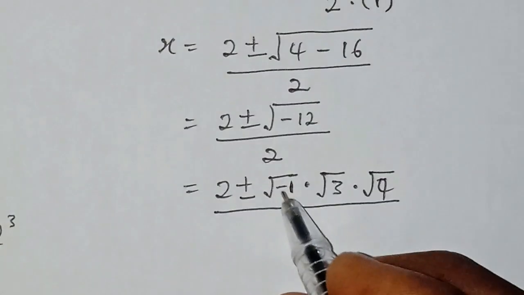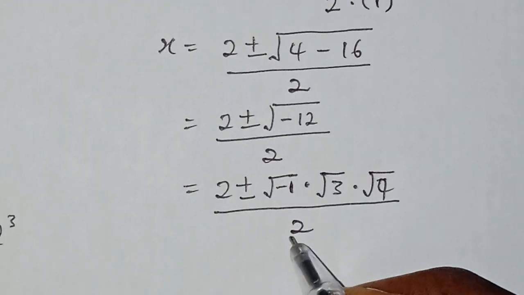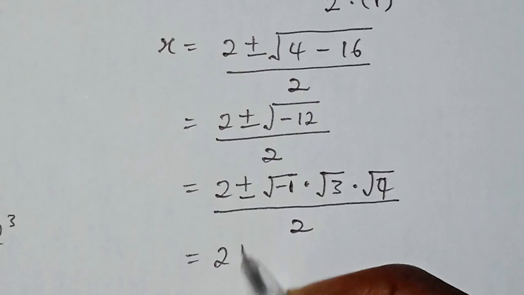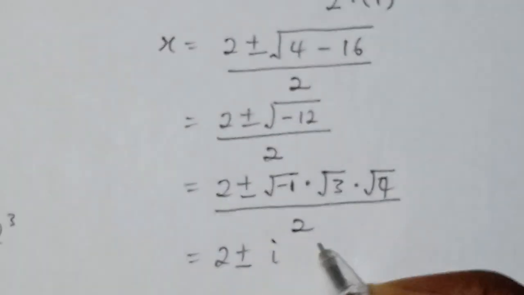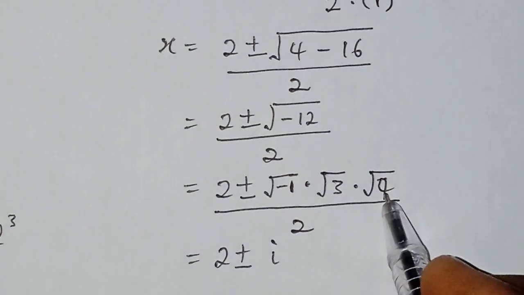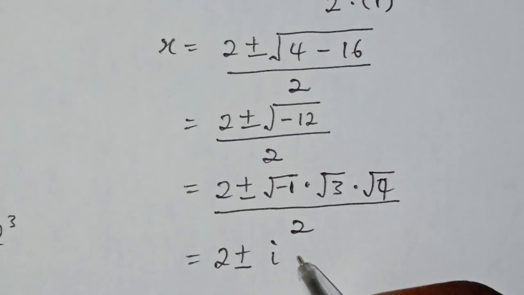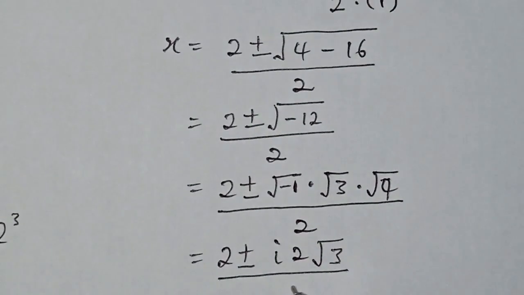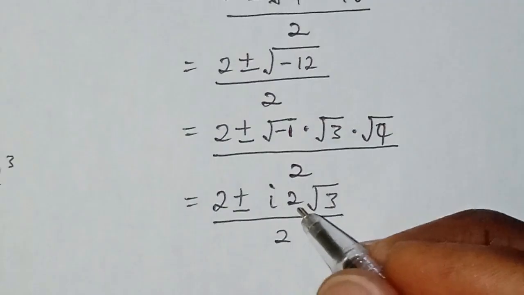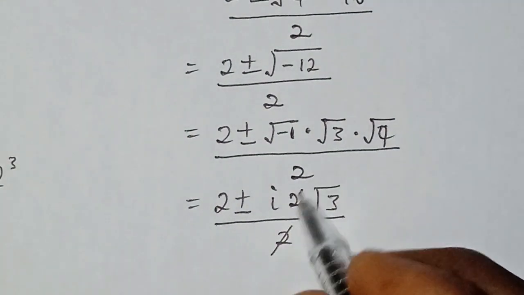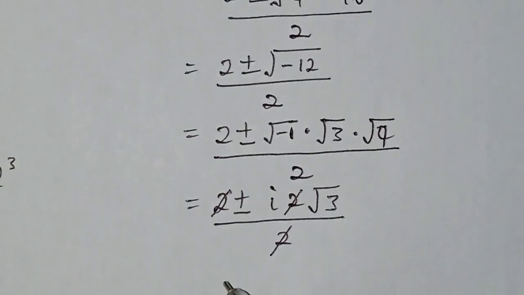So we have square root of minus 1 to be given as i, and this is equal to 2 plus or minus i, then square root of 4 is given as 2. So we have 2, then square root of 3 all over 2. So here this can go with this and this.